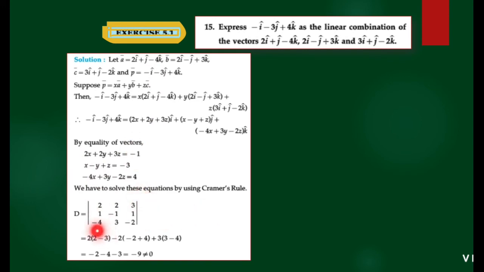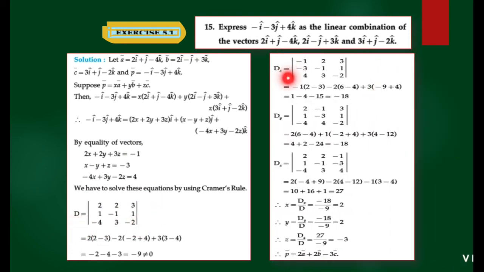So you have to write the determinant D, then value of determinant dx, value of determinant dy, and value of determinant dz. Then you get value of variable x, value of variable y, and value of variable z. So you can check if you solve this problem yourself by using Cramer's rule.